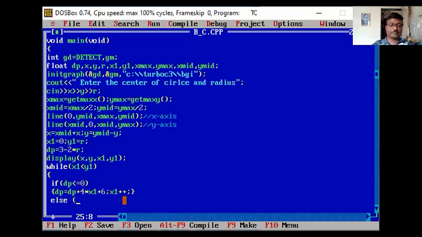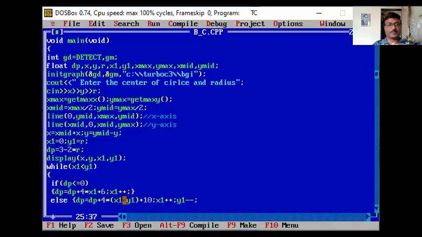again, you have to calculate the decision parameter. dp is equal to dp plus 4 multiplied by in bracket x1 minus y1, okay, plus 10. This is my next decision parameter. And x1 plus plus, you have to increment x1, and y1 here you have to minus minus.